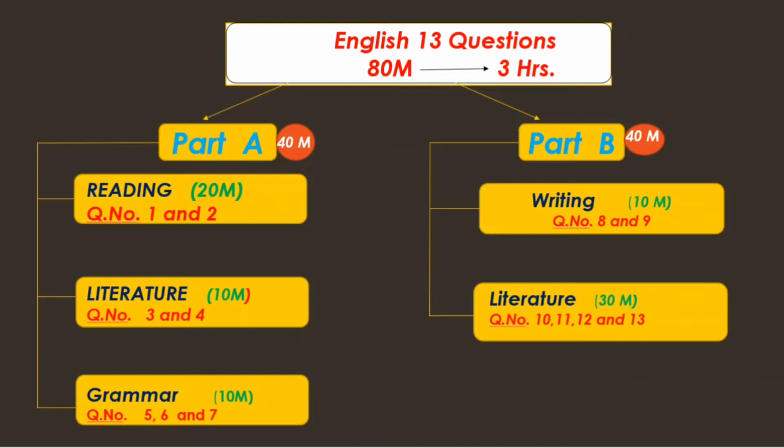Now after this we will be seeing a detailed analysis of the questions and the mark allotment given to each question. One more reminder that I want to give you, children, is that further in our revision series we will be covering all these sections that we have given under part A and part B in detail, along with some extra questions so that you can practice at home.